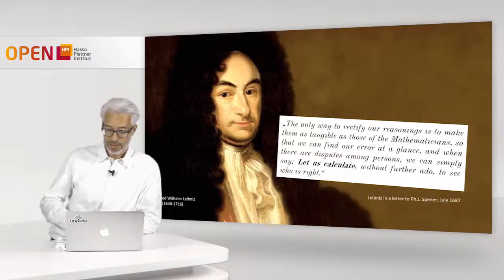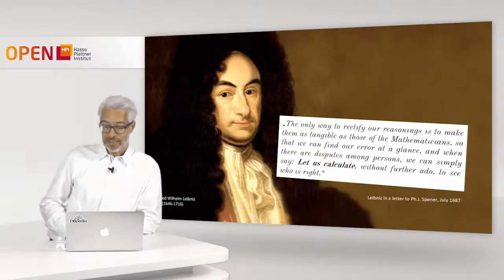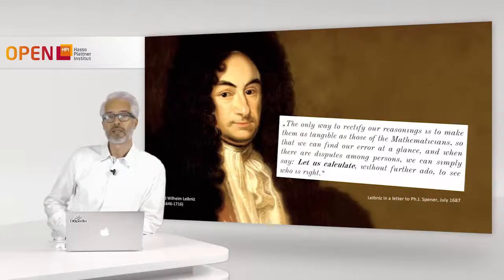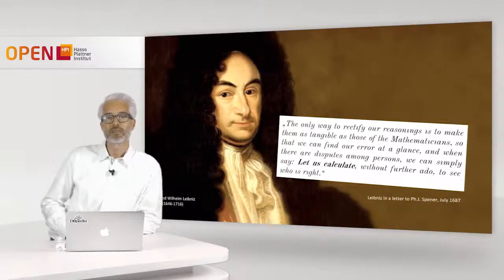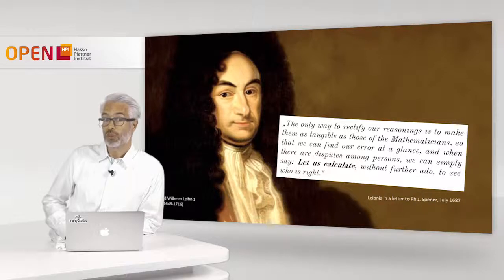Once, in a letter in 1687, he wrote, "The only way to rectify our reasonings is to make them as tangible as those of the mathematicians, so that we can find our error at a glance, and when there are disputes among persons, we can simply say, 'Let us calculate,' without further ado, to see who is right."